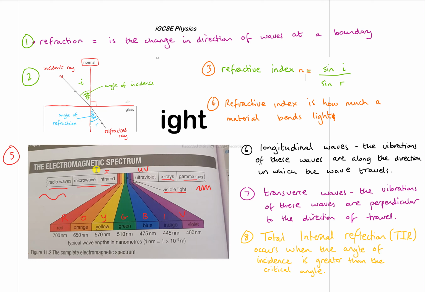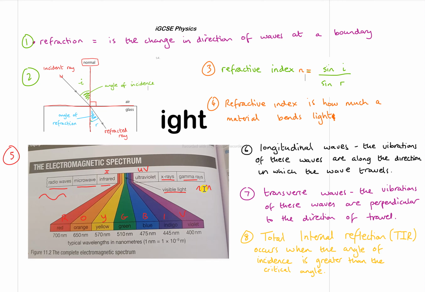Right, the electromagnetic spectrum. You've got radio waves, microwaves, infrared rays. Radio has got the longest wavelength.